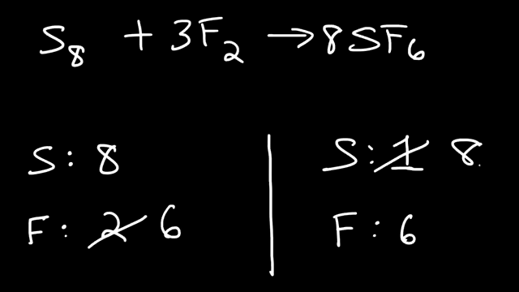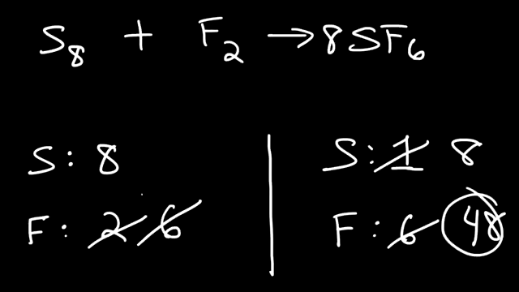However, the number of fluorine atoms will change. On the right side, it's going to be 8 times 6, which is 48. Which means that we're going to have to change this number again. So let's go ahead and do that. To get 48, if we take 48 and divide it by 2, that will give us 24.